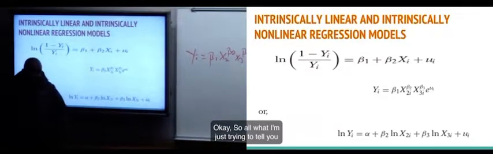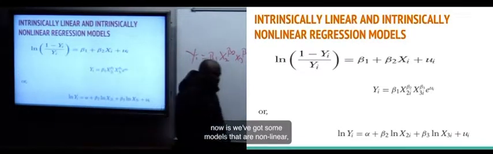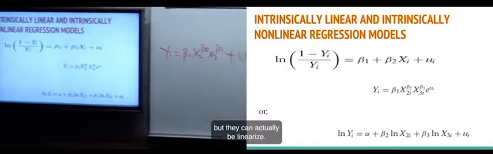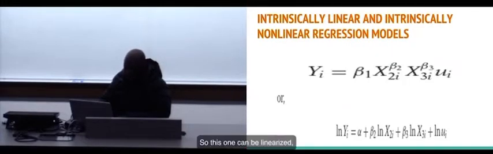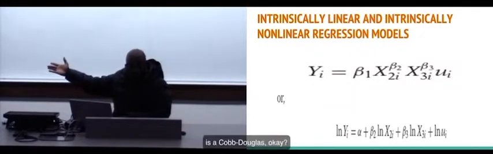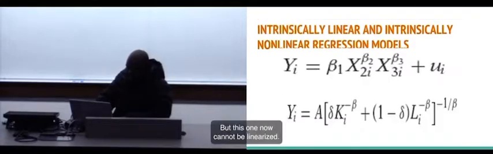All I'm trying to tell you is that we have some models that are not linear but can be linearized, and there are some that cannot be linearized. This one can be linearized. This is a Cobb-Douglas. But this one cannot be linearized.